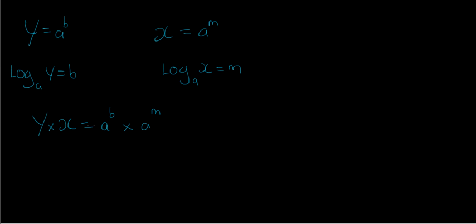So y times x is a to the b times a to the m. Based on my indices, this is simply a to the power b plus m. So I can simplify and write that yx is equal to a to the power b plus m.